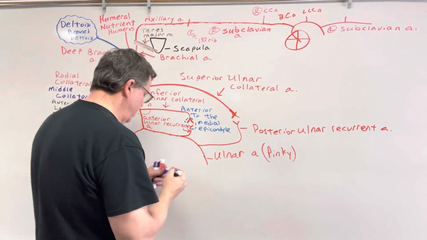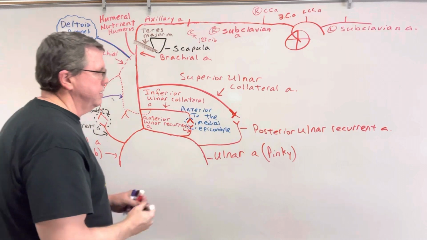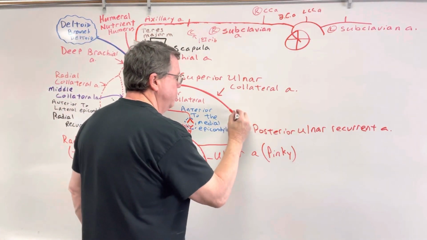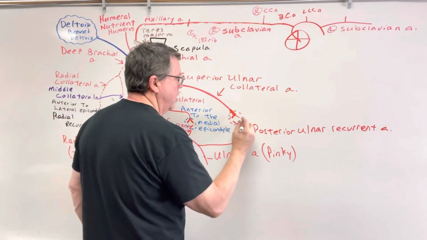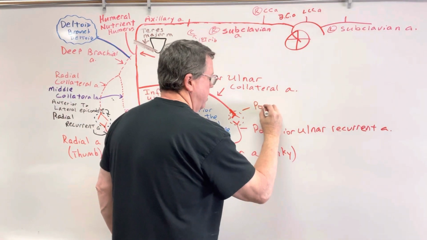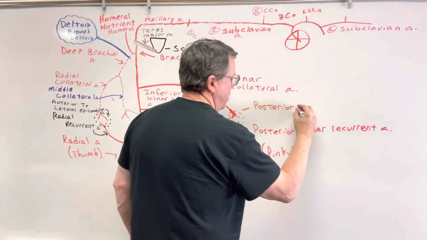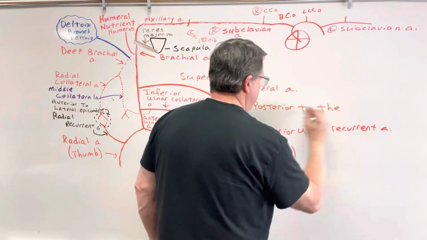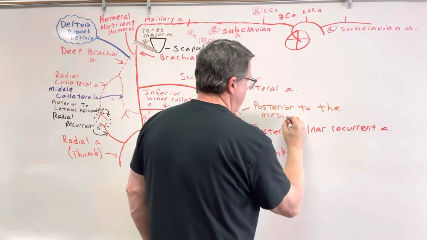And then this one, let's use this ugly brown color. This one is going to occur posterior to the medial epicondyle.